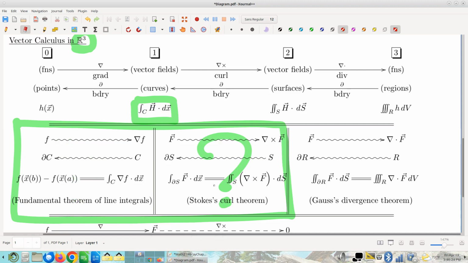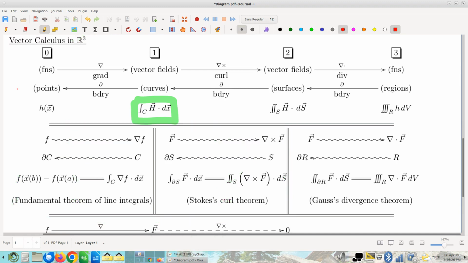I'll come back to this stuff. What is this diagram telling us to do to our integrand? Well, our integrand is a vector field there. This spot in the diagram is the input to this operator. The diagram is telling us to compute the curl of that vector field.